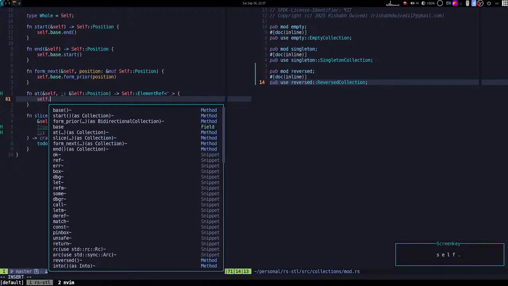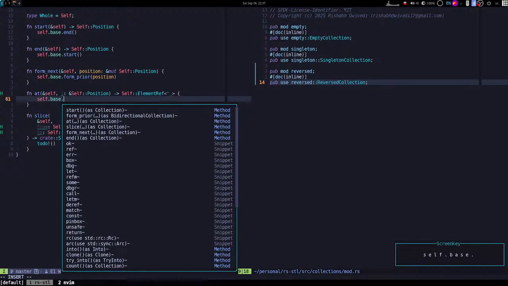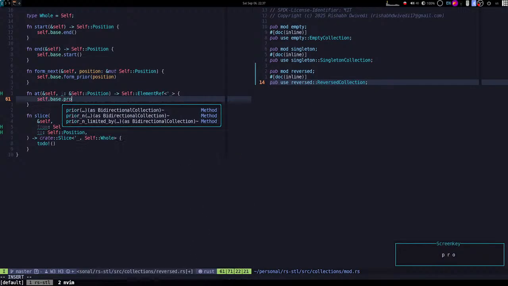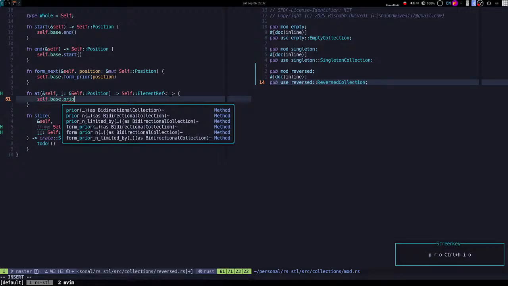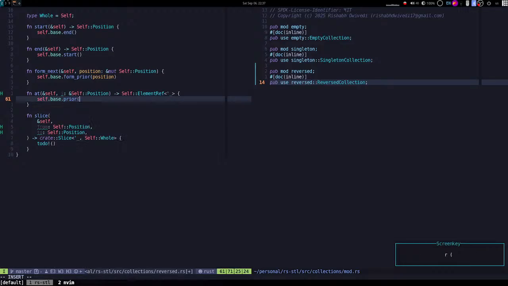You are like, okay, self.base.prior of i.clone, and you take the reference of the whole thing and you do self.base, and you return this thing, and .at, so you return the position.